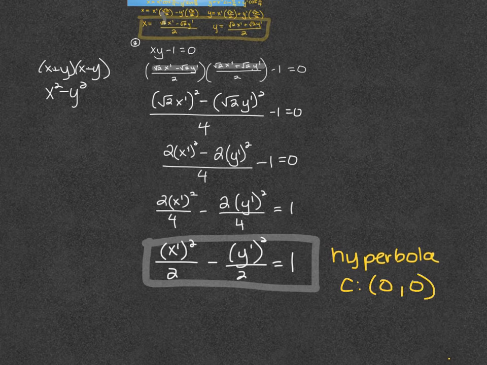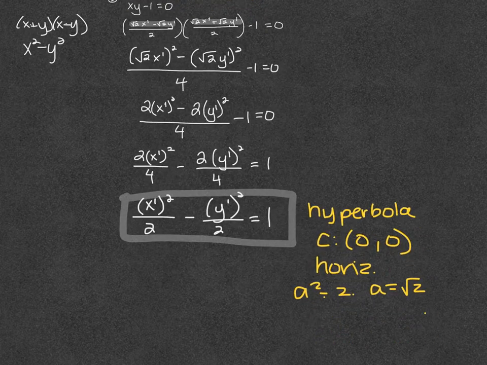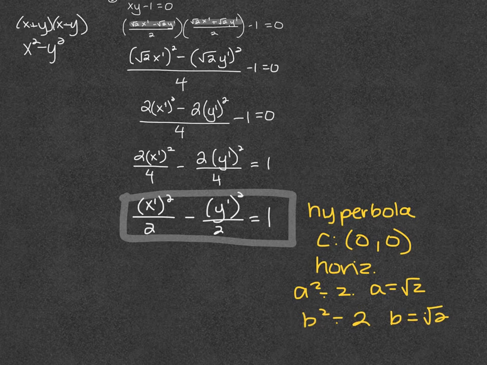Is this vertical or horizontal? A squared is 2, making a root 2. And b squared is also 2, making b root 2. Can that happen? Have we had a hyperbola with a little square in the middle? Yeah, right? It's fine. Everybody with me so far?